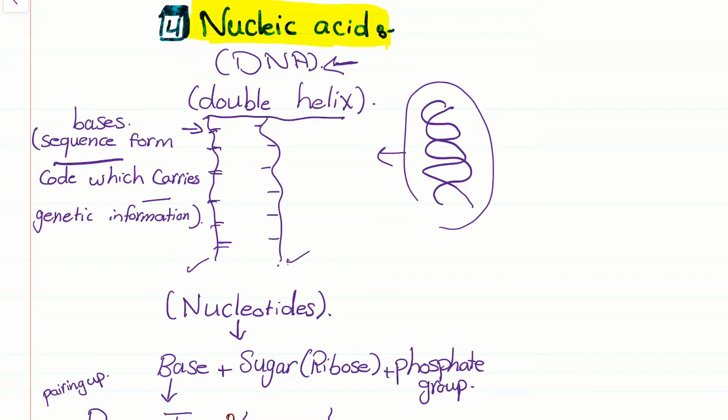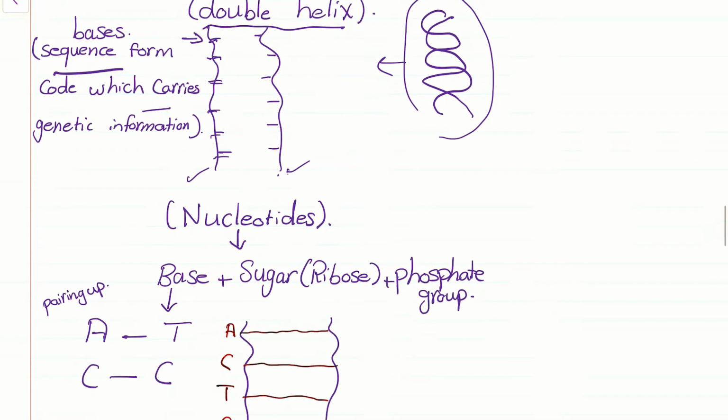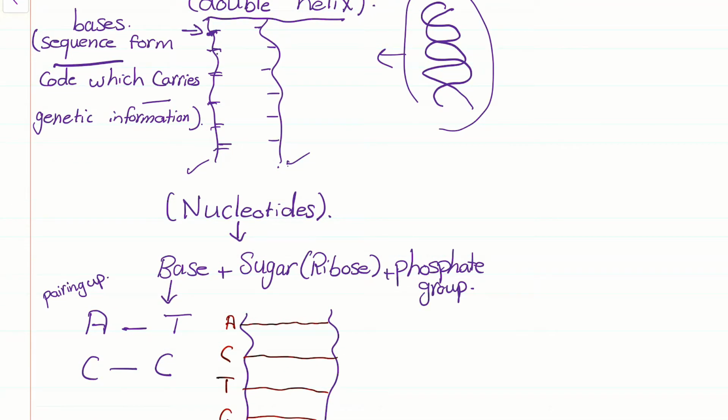So in DNA we have a sequence of bases which is called a code. This code is transported from one generation to the next. That's why you look like your father or your mother, because you carry some of these genes transported from your parents.